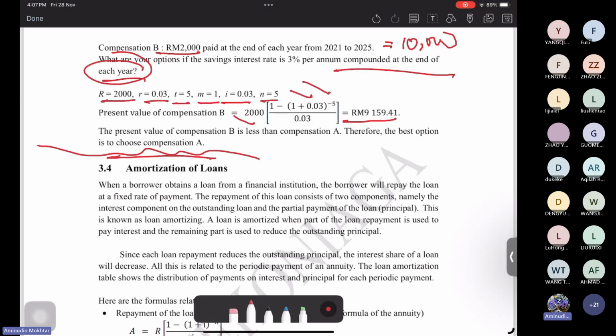I think this topic is quite tough, but it is related to chapter 2, simple interest and compound interest. Basically, we are still talking about compound interest, but now in terms of annuity.